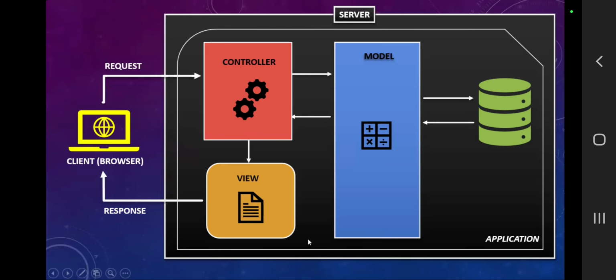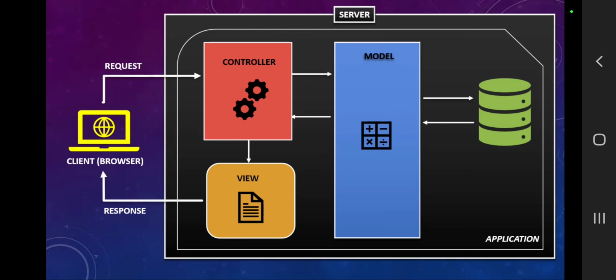So the view part is a separate Angular application, and the controller, model, and the other parts are completely a backend application. This Angular application runs on one port, and the backend application runs on another port. By internal configuration, the two ports will be interlinked.